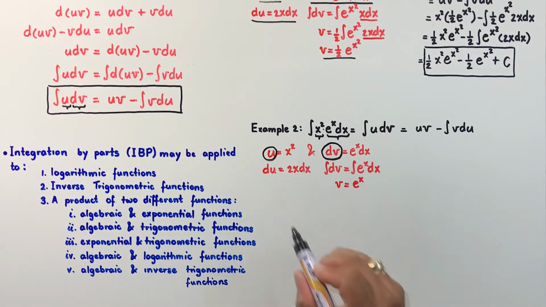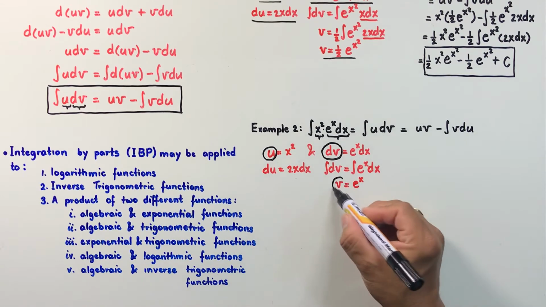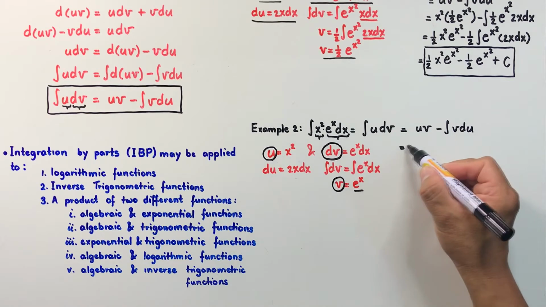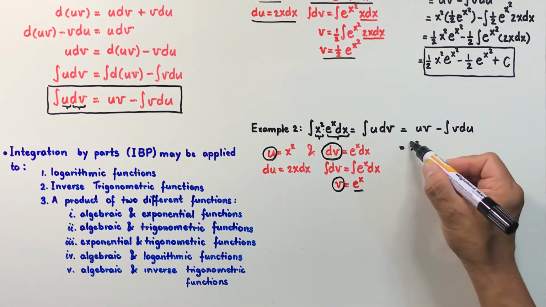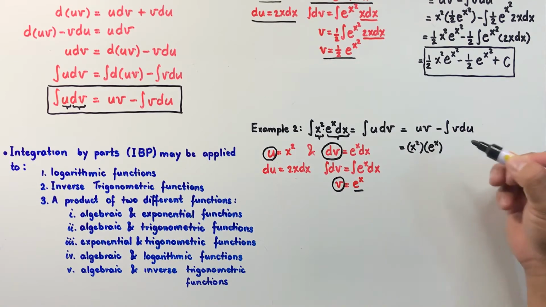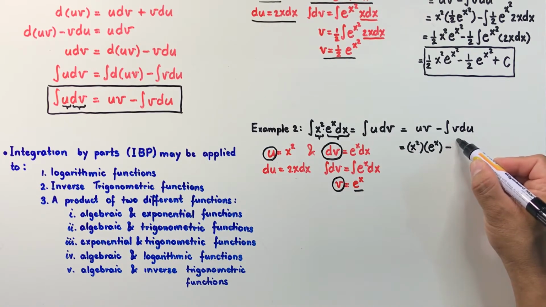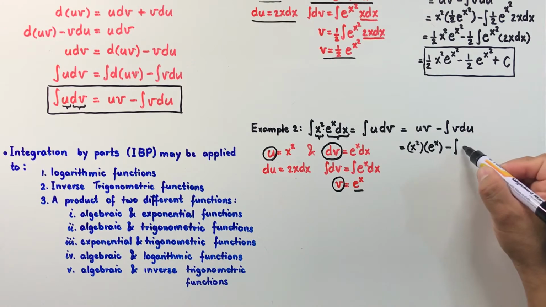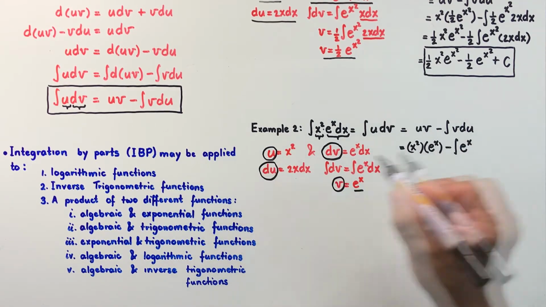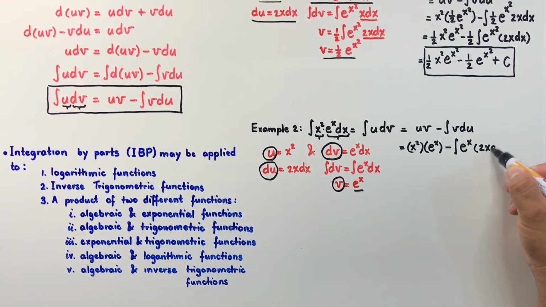So we just substitute our u and our v here. So u, which is equal to x squared, times our v, which is e to the power x. And this will be subtracted by the integral of v, which is e to the power x, times our du, which is 2x dx.